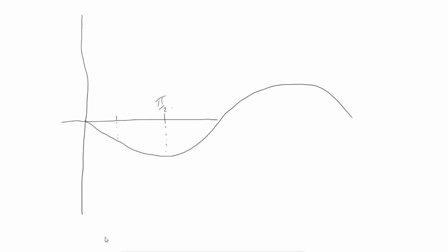This is a sine function, so the negative sine function is going to look something like that. And we only care about this part here, which corresponds to pi over 2. And this first part here corresponds to pi over 6, not perfectly to scale, obviously.